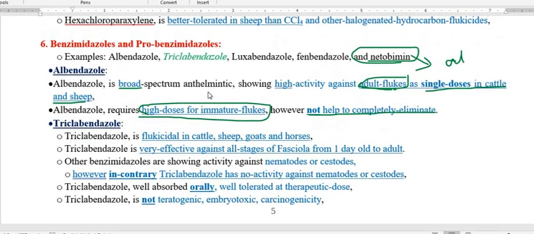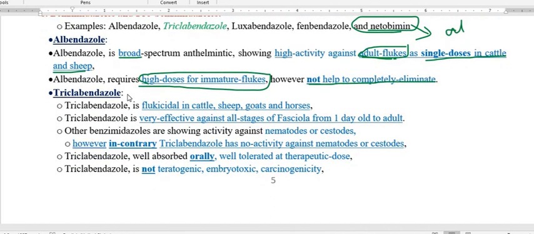The next drug under this group is triclabendazole. It has somewhat different properties compared to other benzimidazoles and probenzimidazoles.